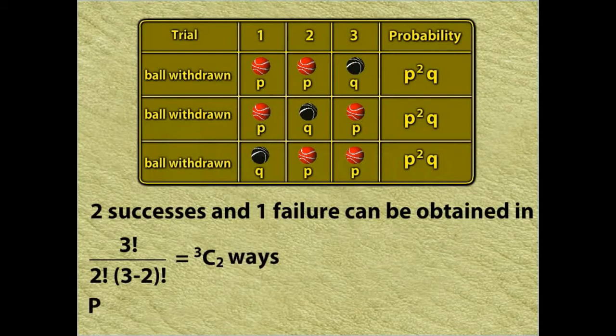The probability of getting 2 successes is 3C2 p square q.